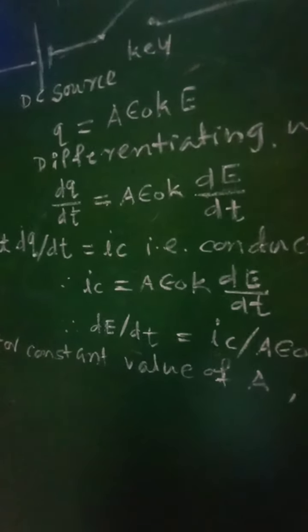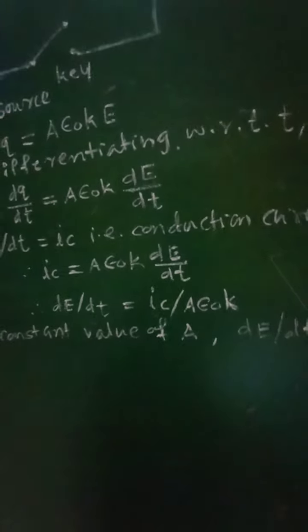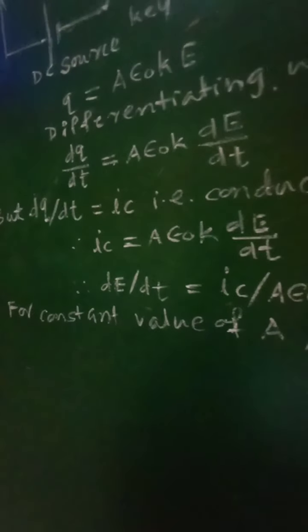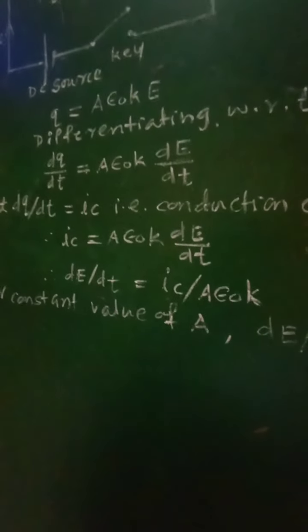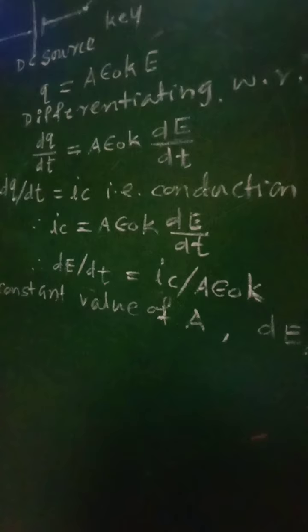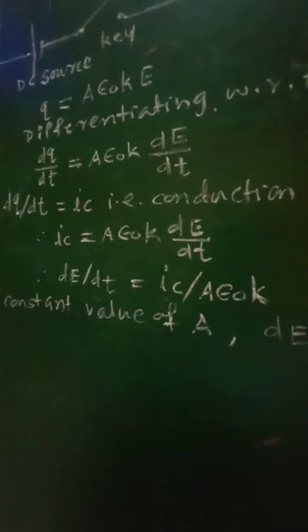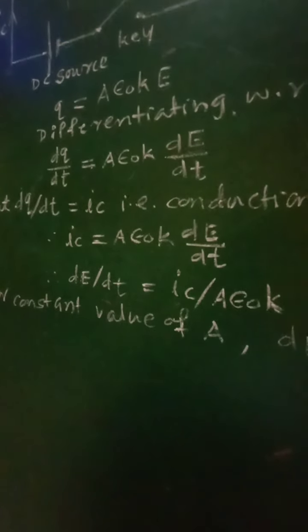Now this term dE by dt is the displacement current. If the area of the plates A is constant, then we can say that dE by dt will be proportional to IC from this relation, as dE by dt equal to IC upon A epsilon 0 K. If the plate area A is constant, epsilon 0 is constant, K is constant, and therefore dE by dt will be proportional to IC.